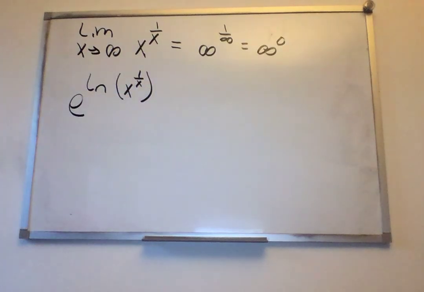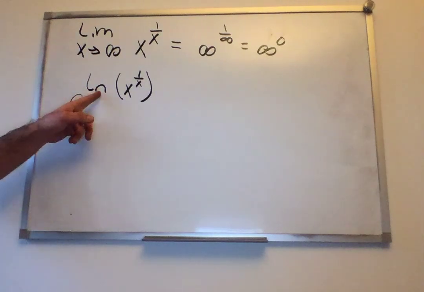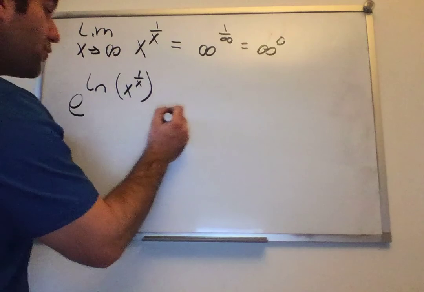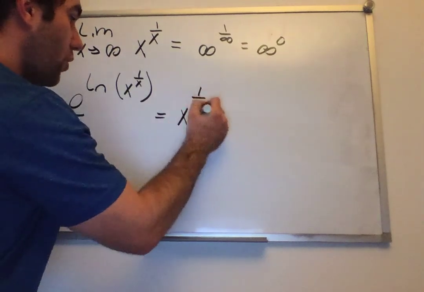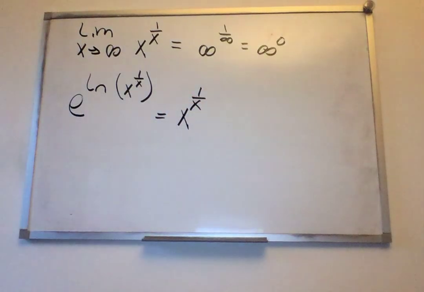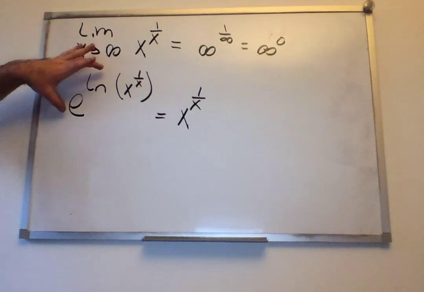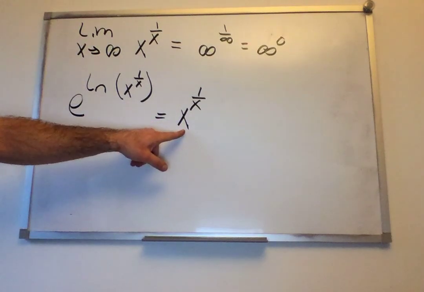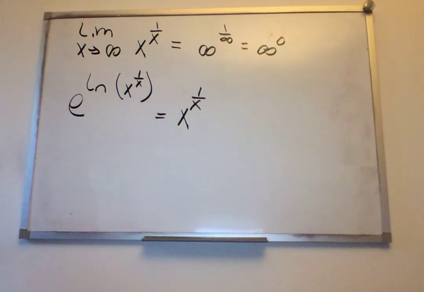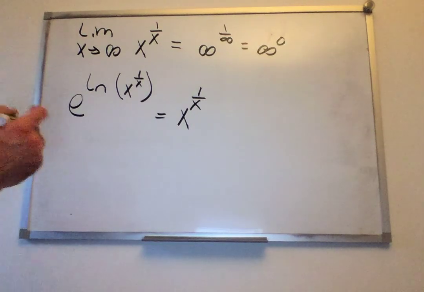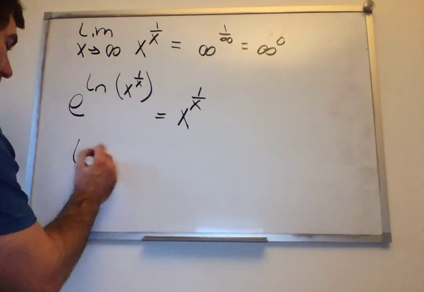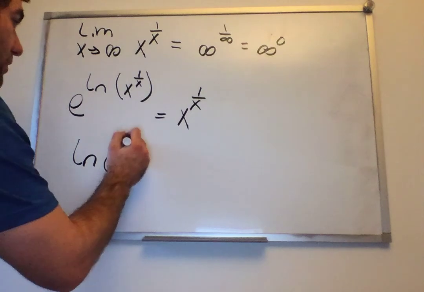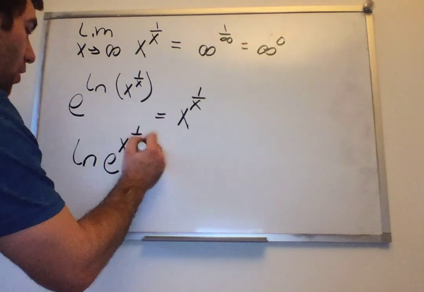The reason being, if you recall, e functions and ln functions are inverses of each other. So this is really equal to x to the 1 over x. All we're doing is rewriting it in a different but equivalent form. We could also write this as ln of e to the x to the 1 over x.